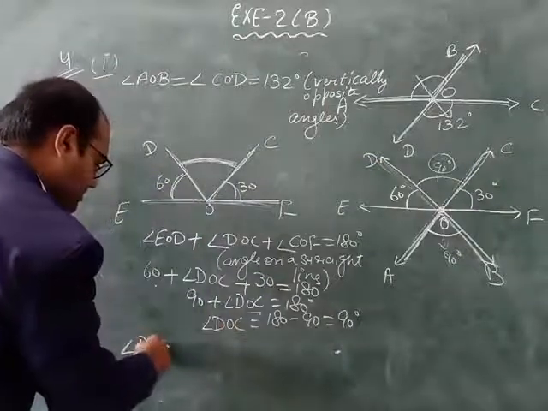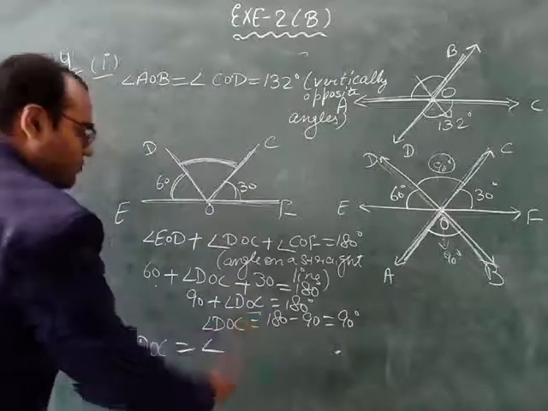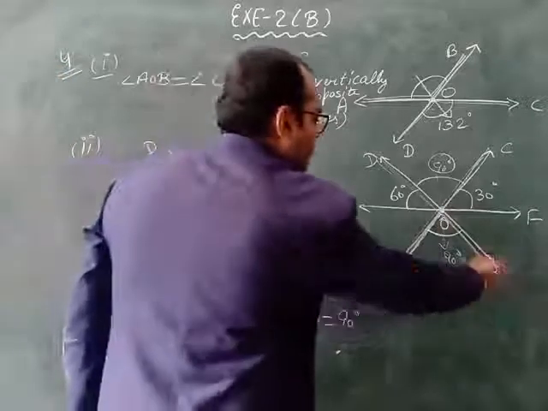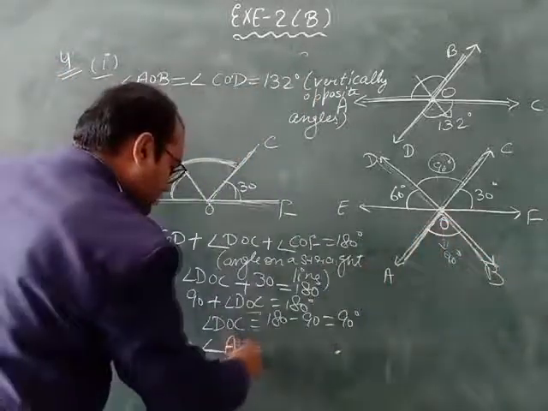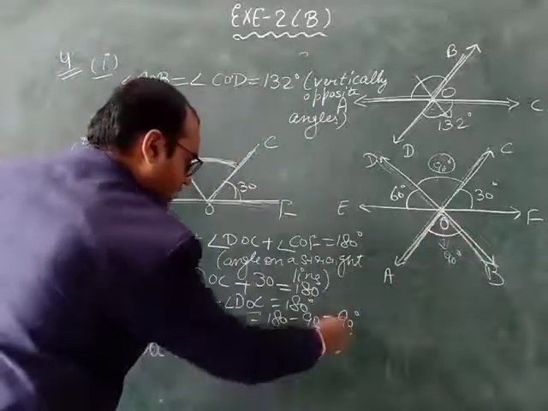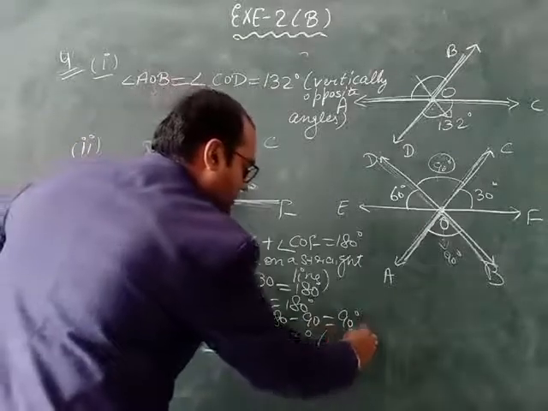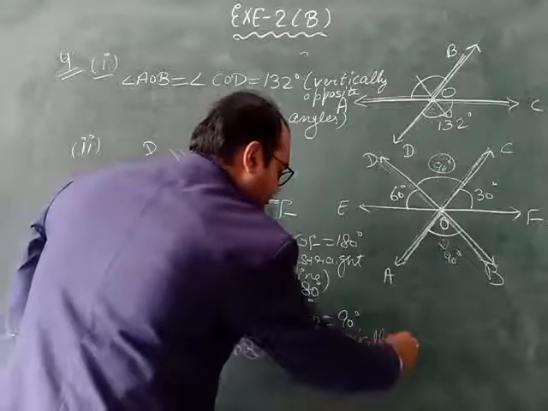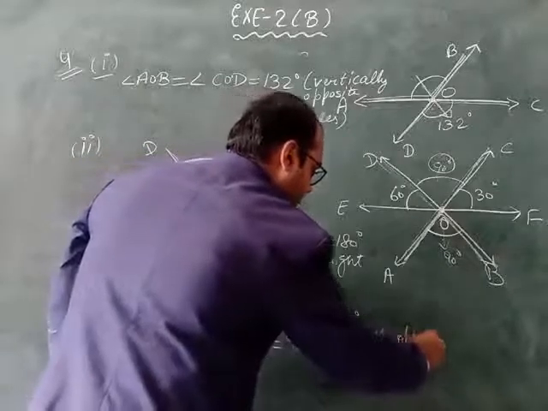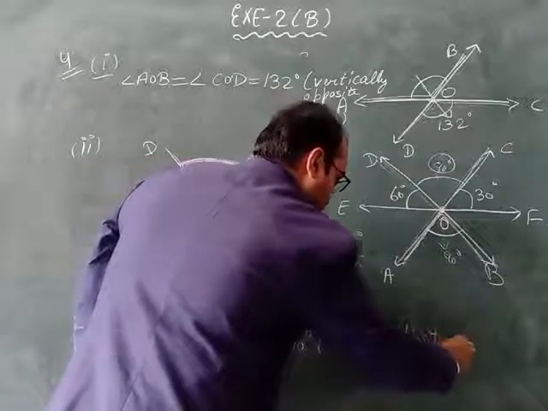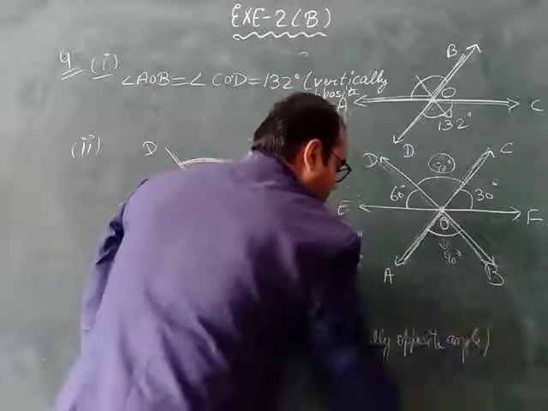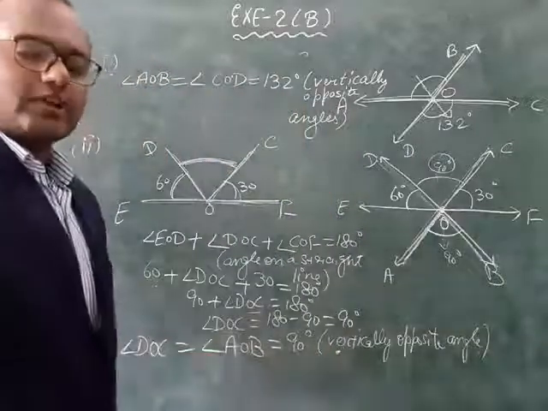Angle DOC will be equal to angle AOB. Both the angles will be equal to 90 degrees because these are vertically opposite angles. So like this we have to do question number 4.